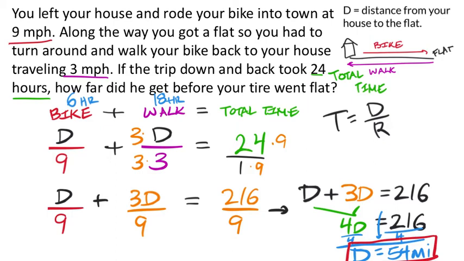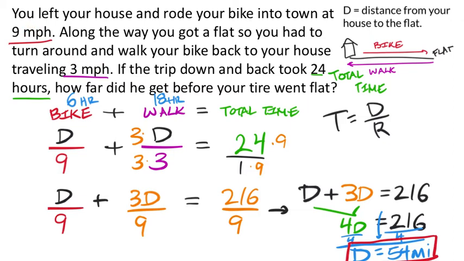Now, there is another way to do it. I don't know how logical it is, but here's what we know. You know that the biking was 3 times as fast as the walking. So what this tells us is that you have 3 parts of walking and then 1 part of biking, okay?